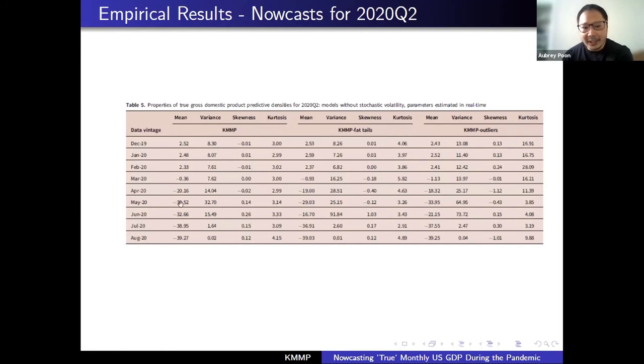I guess probably in May, across the 3 specifications, we see the variance increase. Probably one thing to note is the fat tails and the outlier adjusted, the variance, especially on the June data vintage, is quite high compared to the homoscedastic.